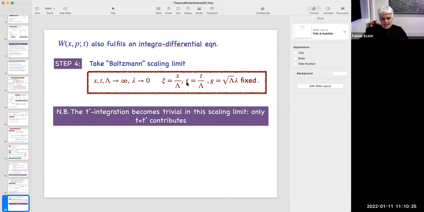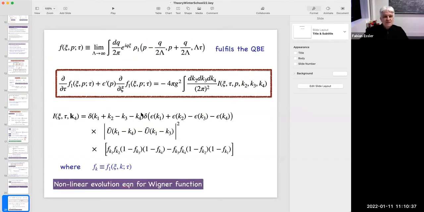The reason for taking this scaling limit is that then you get rid of this retardation effect. So this t prime integration disappears. And what you end up with is the so-called quantum Boltzmann equation for the scaling limit of this Wigner function, which is defined here.